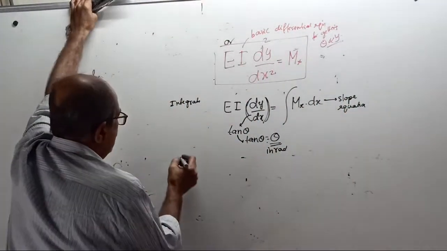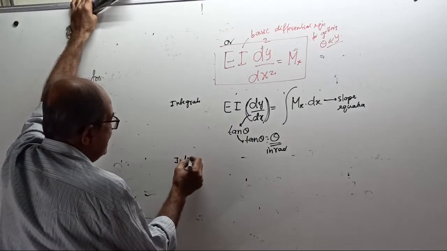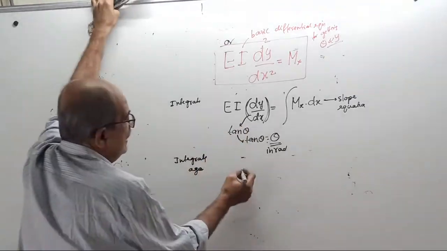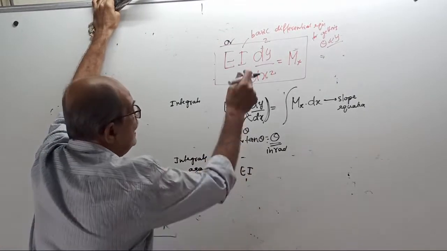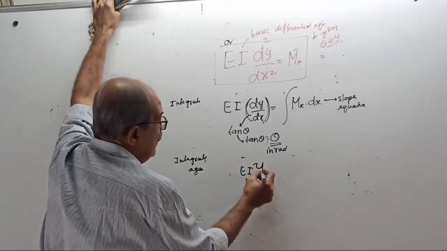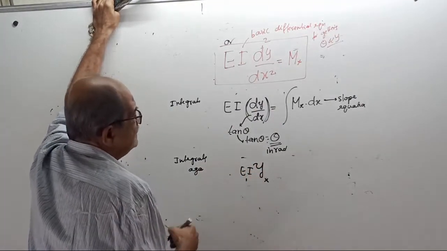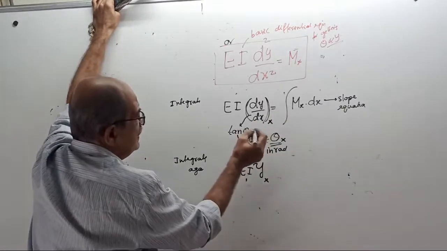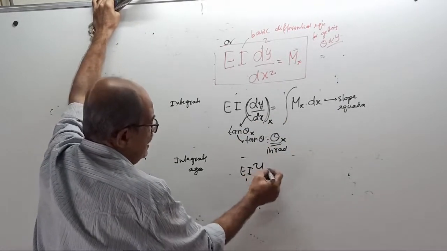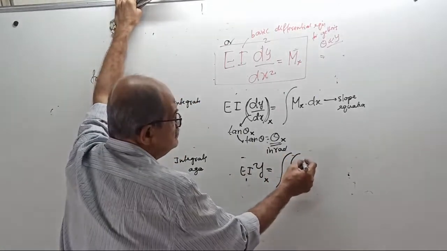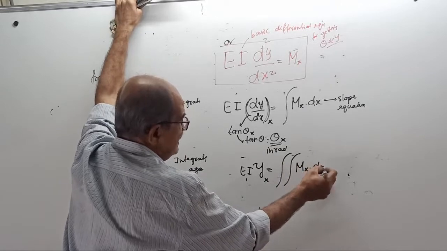Now, integrate once again. What do you get? EI dy/dx, if you integrate, you get y at any point x. Y at x equals the integration of Mx dx.